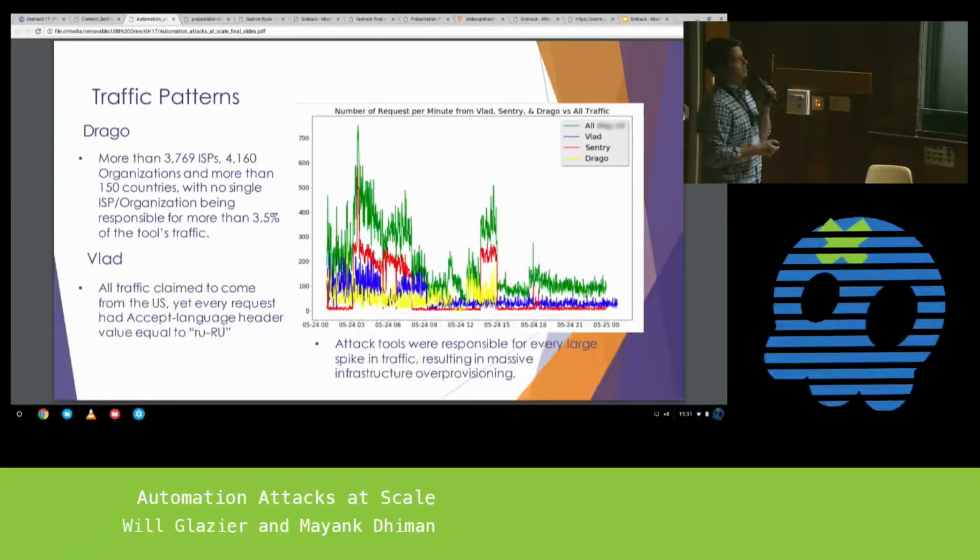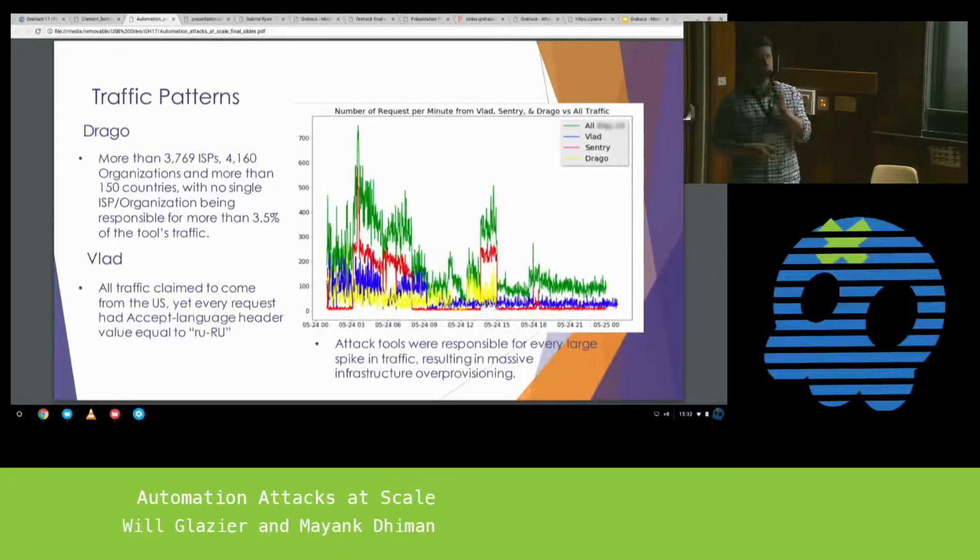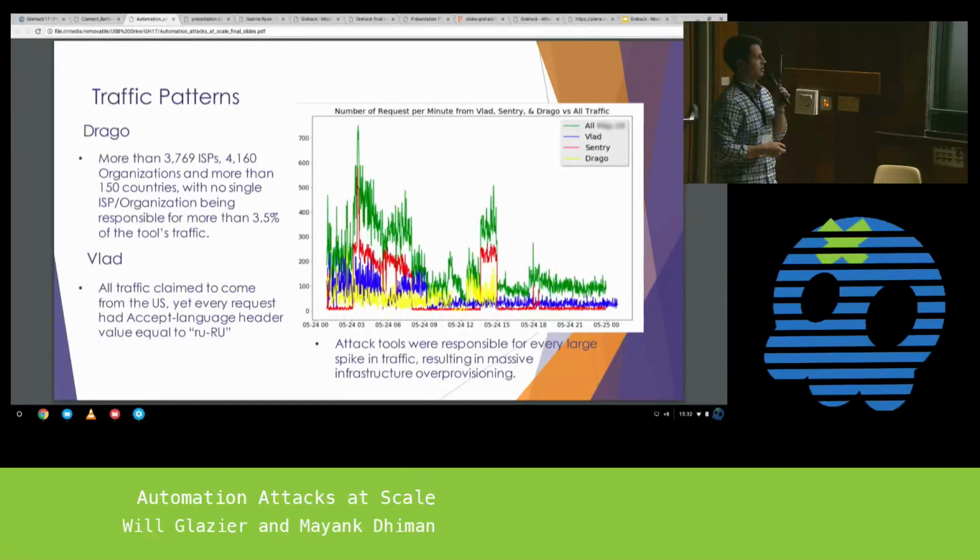This graph here is just the same graph I showed you earlier, with all three tools overlaid on it. And you can see that these attack tools were responsible for every large spike in traffic at this environment, meaning that they're massively over provisioning the servers to account for those large spikes. And one of the attack tools, another low-hanging fruit that we saw, every request said that it came from the United States, but the accept language header was RU every single time, which again was kind of weird.